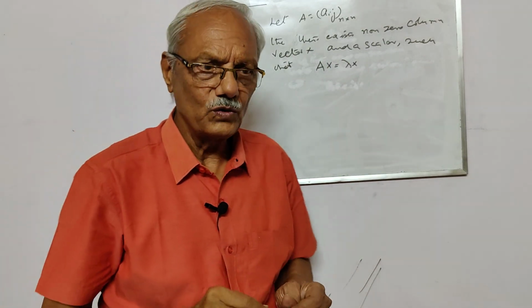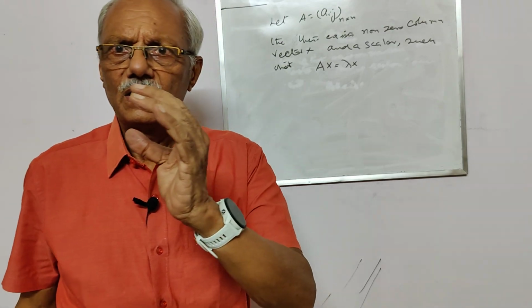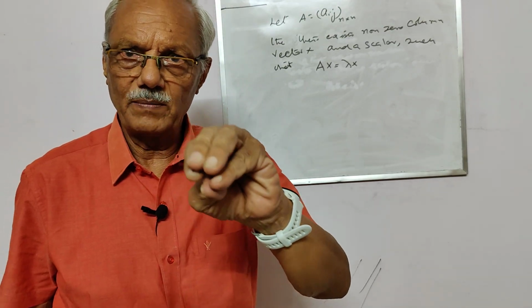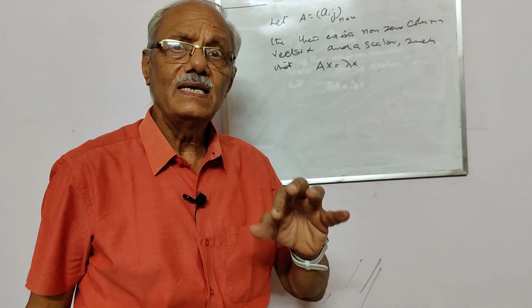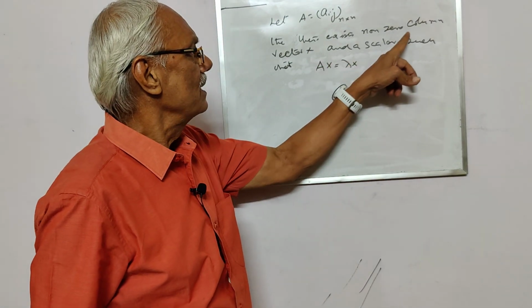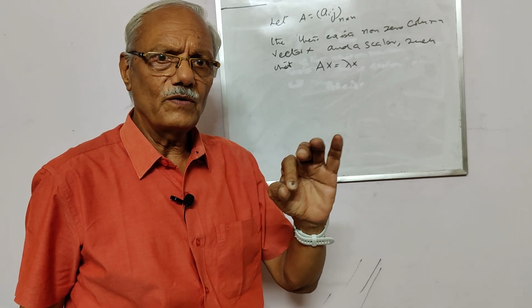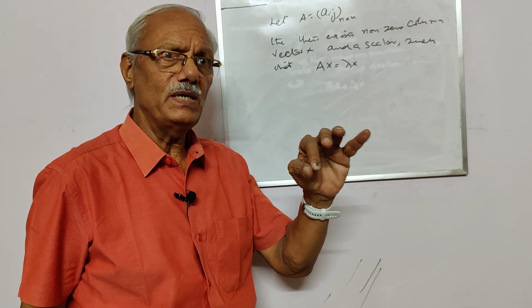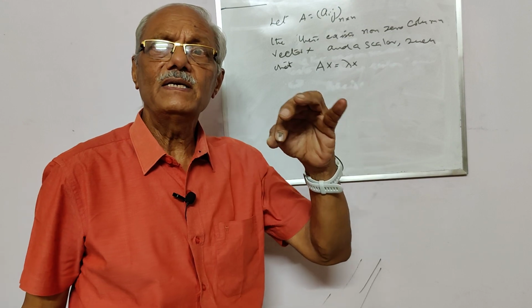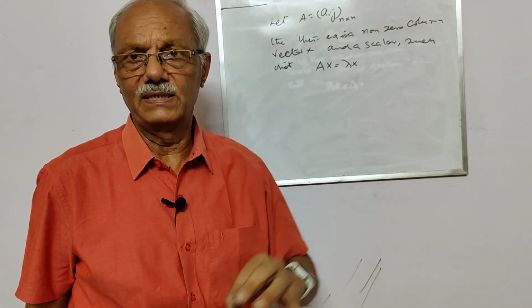So it has been found that if A is a square matrix, then there exists a non-zero column vector x. A column vector, by which I mean a vector having n components.